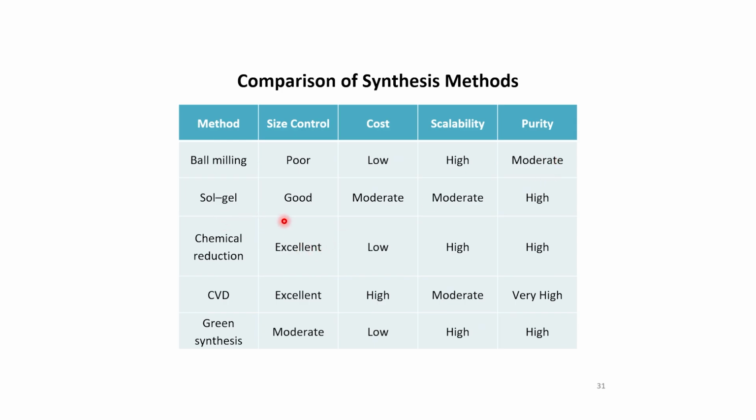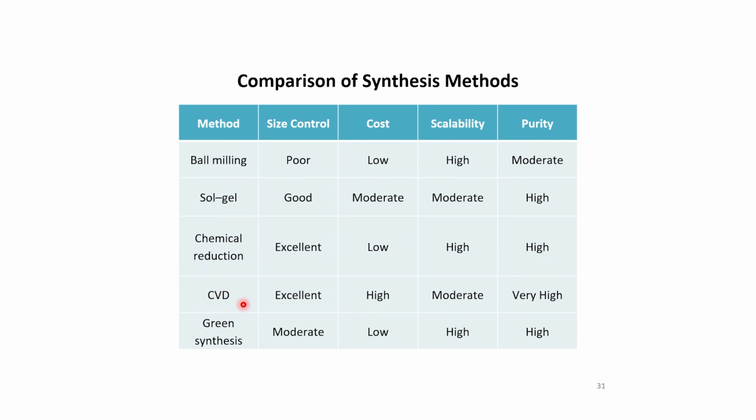For the sol gel method, the size control is good. Cost is moderate, scalability is moderate, purity is high. Then for the chemical reduction method, size control is excellent, cost is low, scalability is high, purity is high.